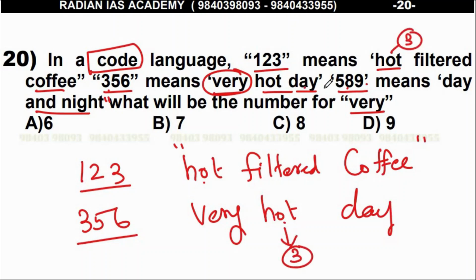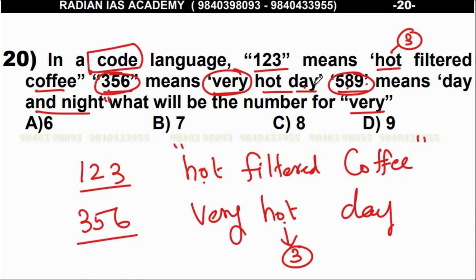Similarly, in very hot day and day and night, day is common. Once I find hot and day, I can find very. Combining 356 and 589, what is common to both? 5.